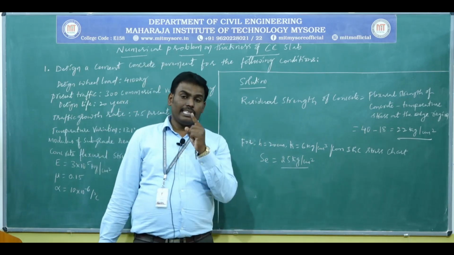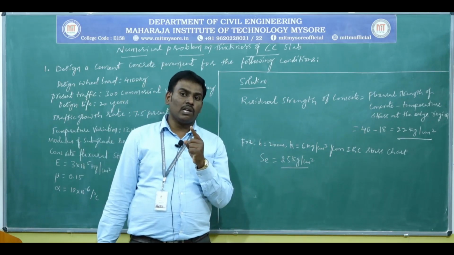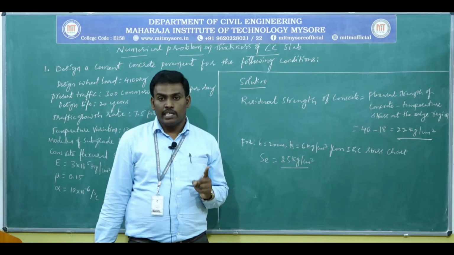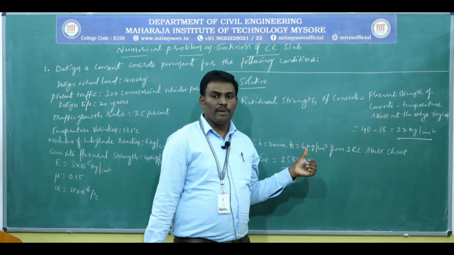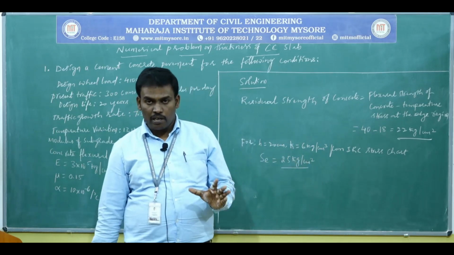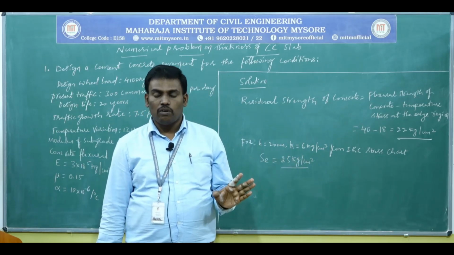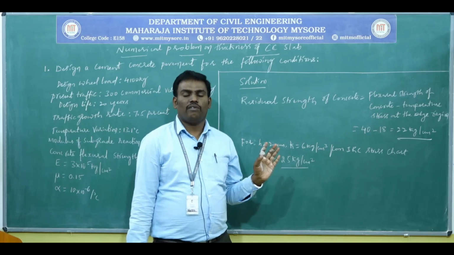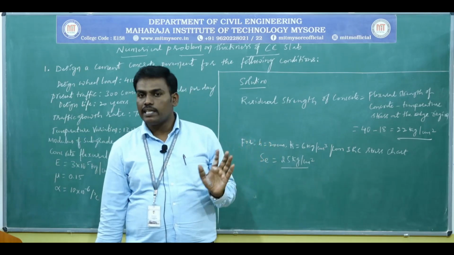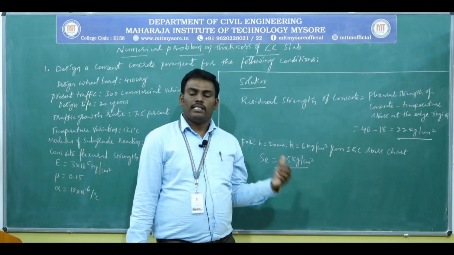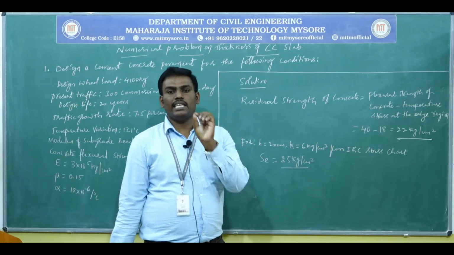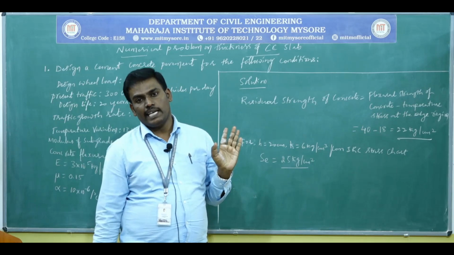The available factor of safety on the load stress should always be greater than 1. Then only your selected thickness will be almost finalized. We can't say it is finalized, but almost finalized. If the available factor of safety is more than 1, then your selected thickness is almost finalized.